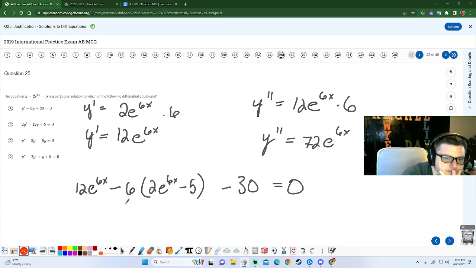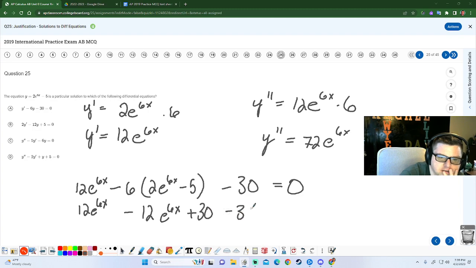So if we do that, we get 12e to the 6x minus 12e to the 6x plus 30 minus 30, which comes out to be 0, because the positive 30 and negative 30 cancel each other out. So this one looks like, so far, it works.